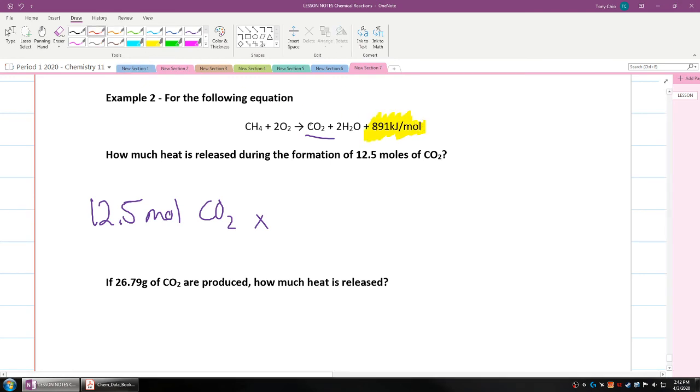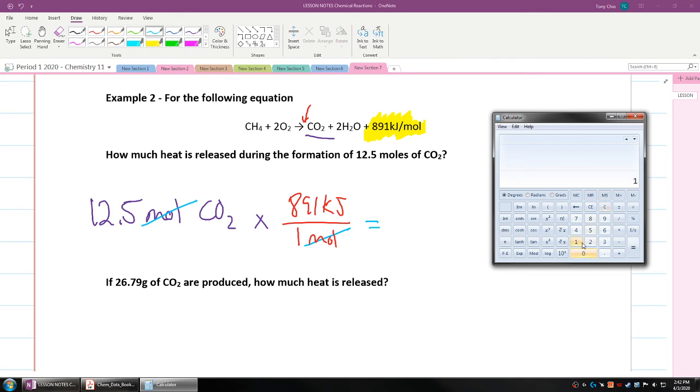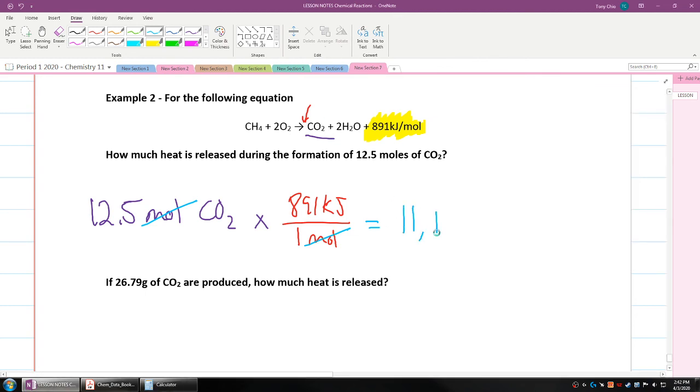Now, what is the coefficient in front of the CO2? It's a 1. So that means this mole right here is a 1. So we write it as 891 kilojoules per 1 mole. As you see now, your moles cancel out and you're left with just kilojoules. When you plug this into your calculator, you have 12.5 times 891, and you're going to get 11,137.5 kilojoules.